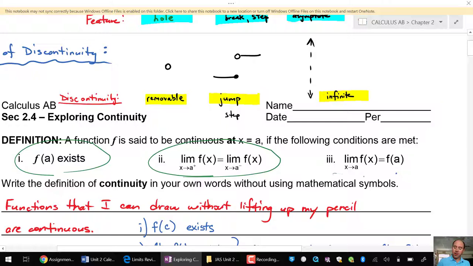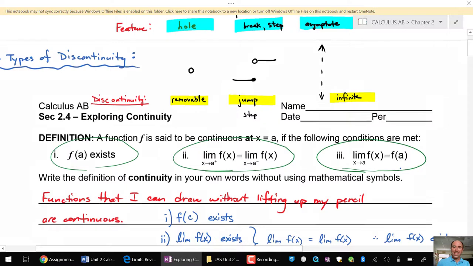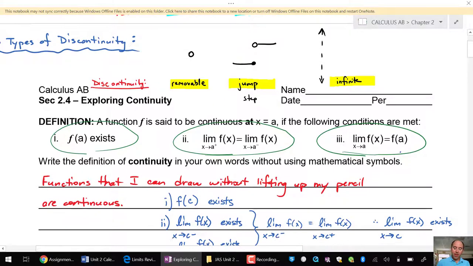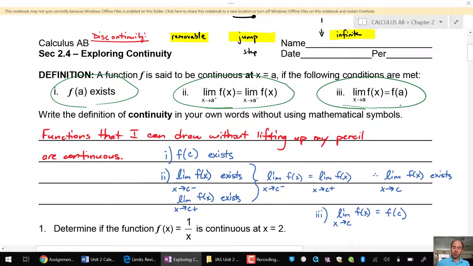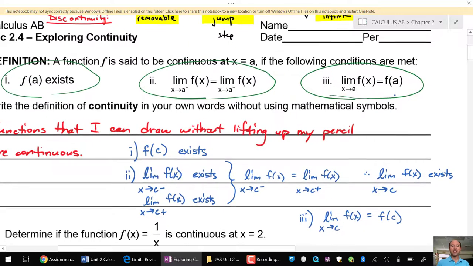And then the third component is that the first two values must be equal. The function f of a has to equal the limit as x approaches a of f of x. And if all three of those conditions are met, then we can verify that the function is continuous at the point x equals a.